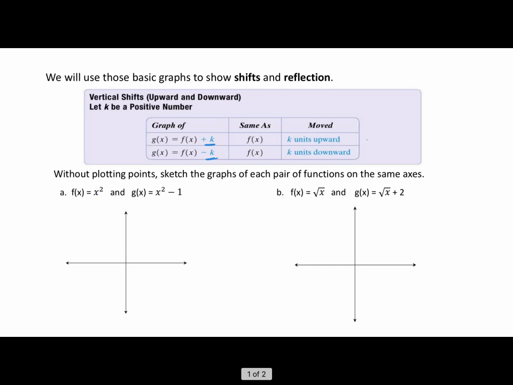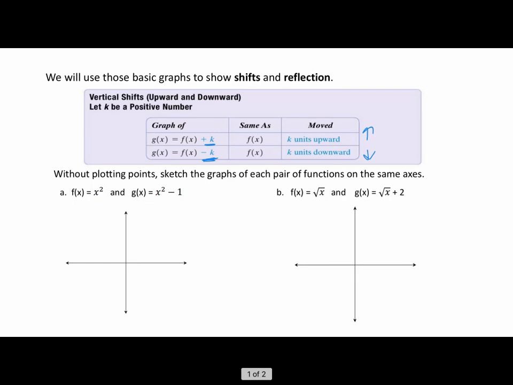So when it was plus a number, remember that shifted the graph up that many units. And if it's minus a number, it's going to shift the graph down that many units. So that's an addition or subtraction that is affecting the y values exactly the way it says it is.